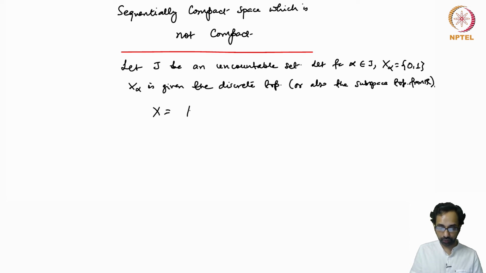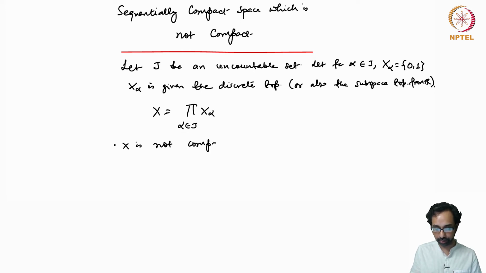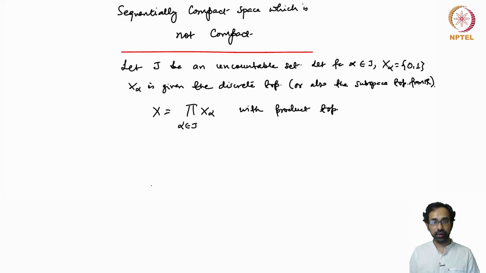And now we are going to form again the arbitrary Cartesian product X of all these X_alphas, with the product topology, and we will show that X is not compact, but X is sequentially compact. Now X is compact by Tikhonov's theorem.